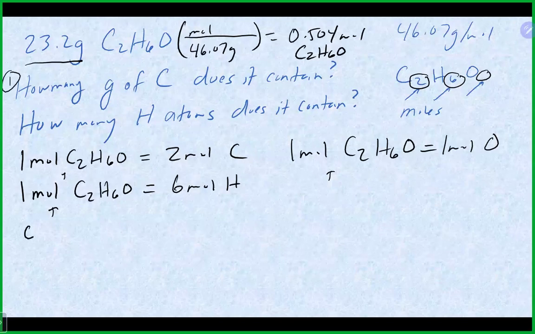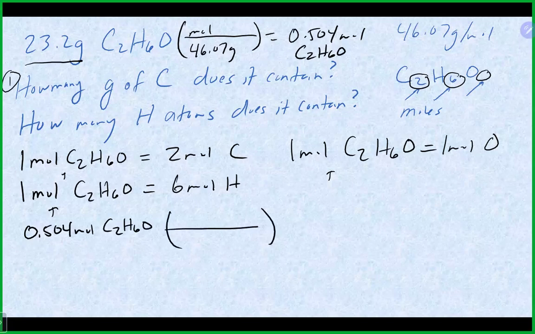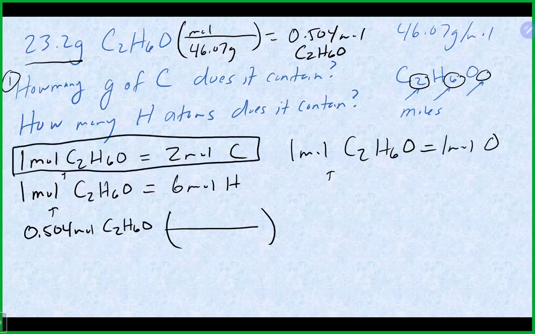I could take the moles of the entire thing, and now I could use that relationship from the equation and figure out how many moles of carbon there would be. Once again, opposites are going to cancel. So 1 mole of the entire thing would give me 2 moles of carbon.